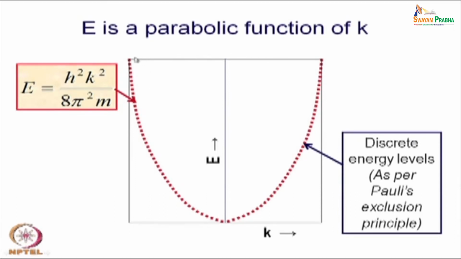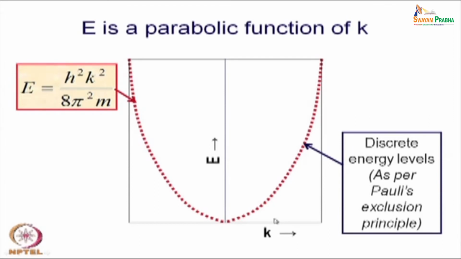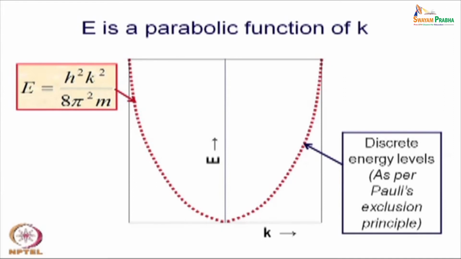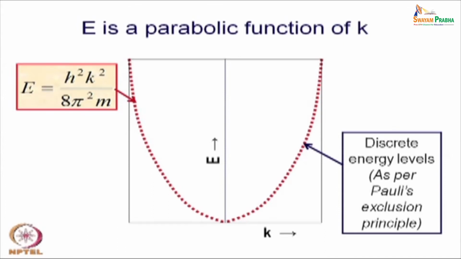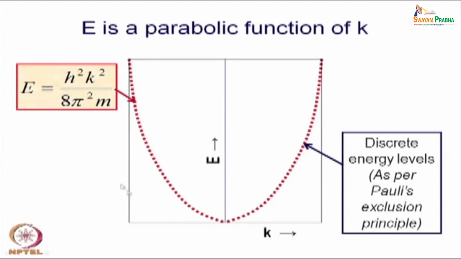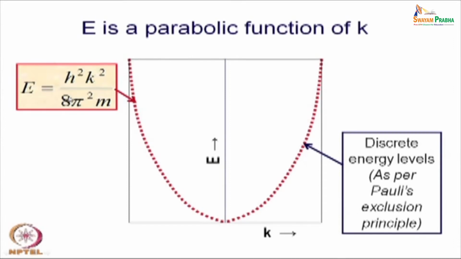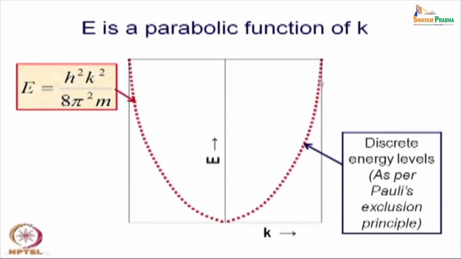So, this is the E-k curve, which is one of the most important findings of this free electron theory, and this explains many of the properties of the metals as well as many other solids. Although this is supposed to be a continuous curve as a function of k, with E proportional to k square, so it is a parabolic function, this curve is really not a continuous curve.